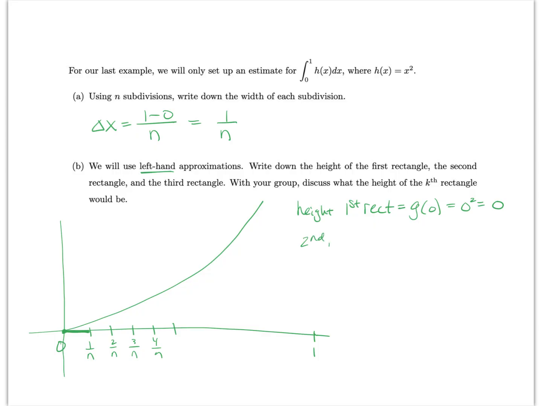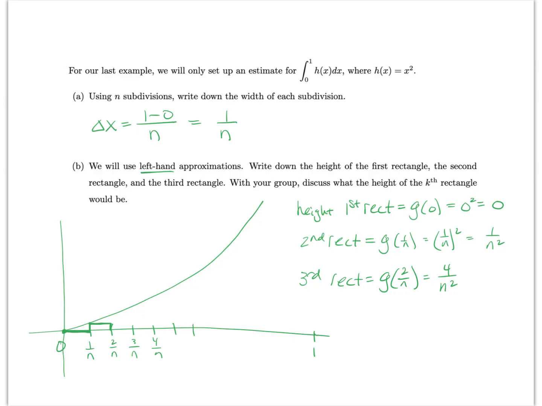Then the second rectangle is going to be g of 1 over n as its height. So you go up to the graph at 1 over n, make the rectangle, and that height is going to be 1 over n squared, which is just 1 over n squared. And then the third rectangle is going to be g of 2 over n, which is going to be 4 over n squared.